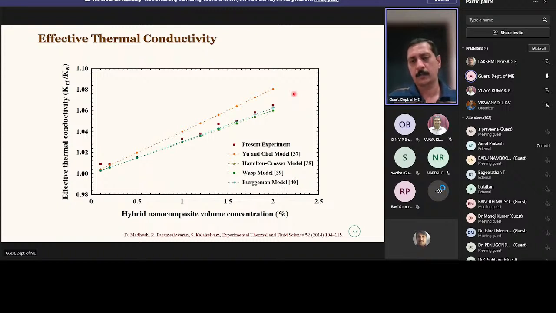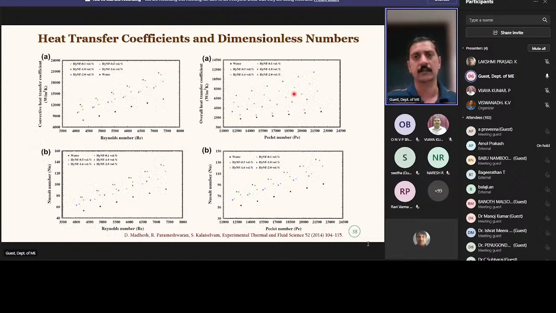Those particles were not truly spherical in nature, but still we have assumed them to be spherical. We got inspired from these standard correlations, plugged our values into them, and checked that these correlations well predicted the performance of the hybrid nanofluid in terms of the effective thermal conductivity being generated.